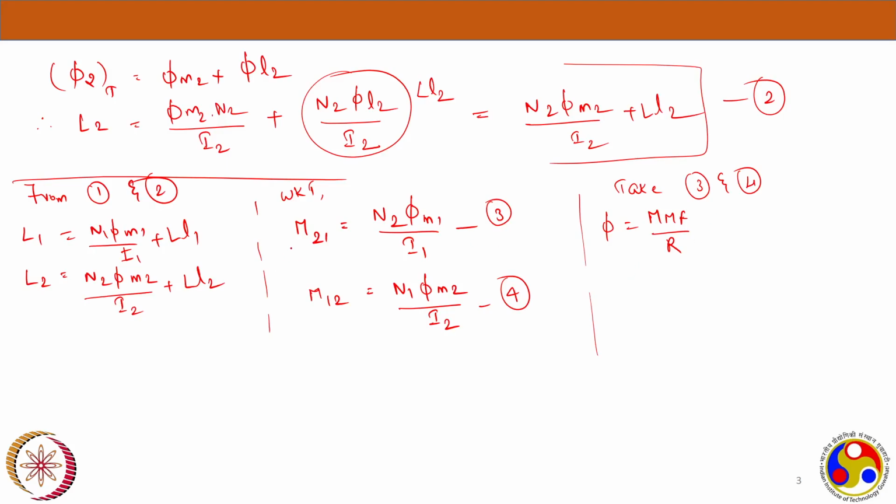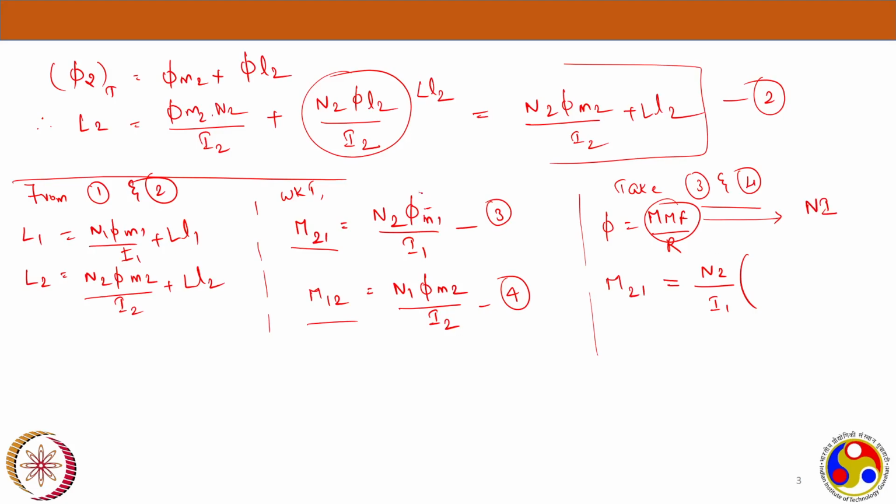Now, you see M21 and M12. I took these two equations and I'm trying to replace the flux you see there with the MMF by reluctance formula. M21 is N2 by I1 multiplied by phi M1. What can I write for phi M1? Phi M1 is the main flux in the first winding. MMF means ampere turns, and then NI is MMF.